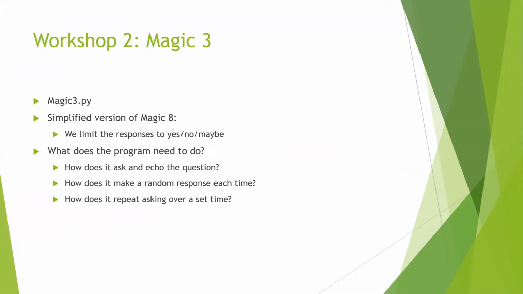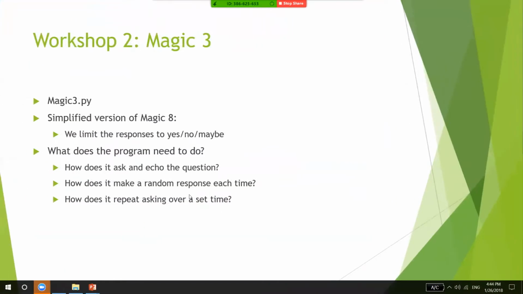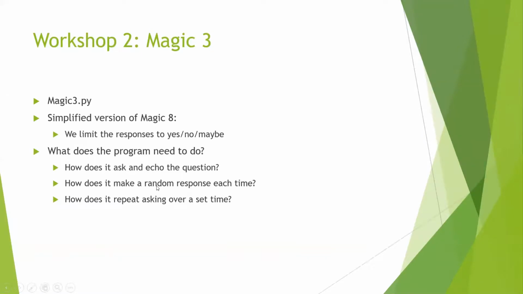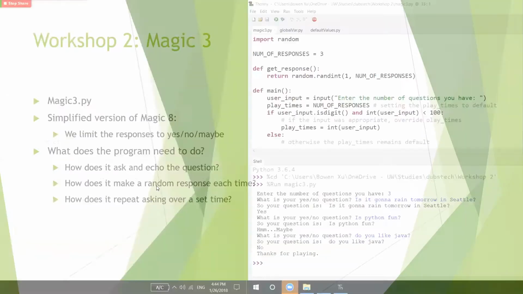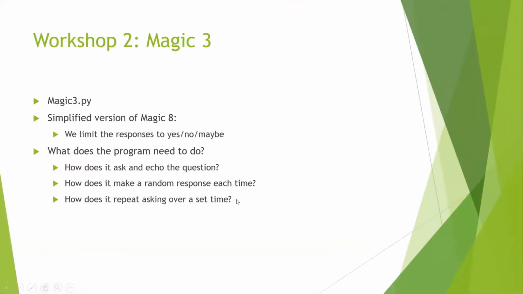And so you've seen the program in action. I want you to think for a moment about what the program actually needs to do. Like, how does it ask and then echo the question? As you can see right now on the console, it echoes the question. And how does it make a random response each time? Every time it might say yes or maybe or no. Those come out randomly; I do not set the pattern.